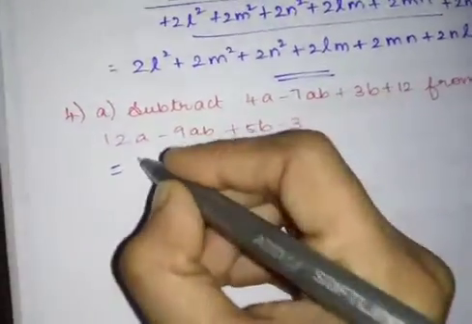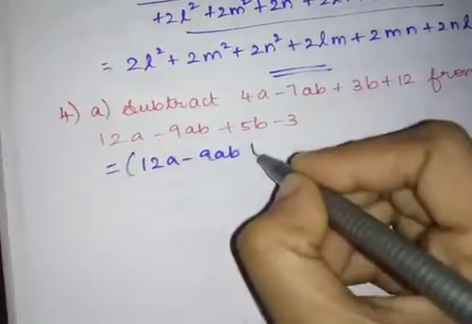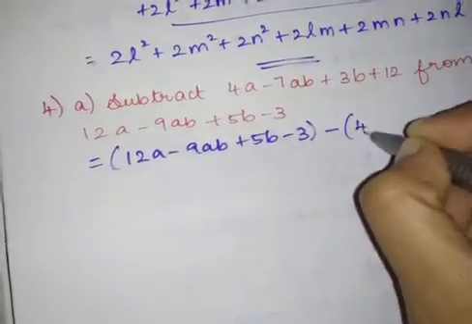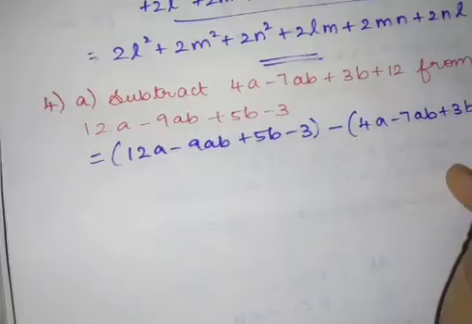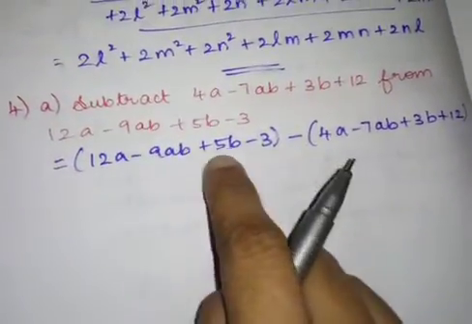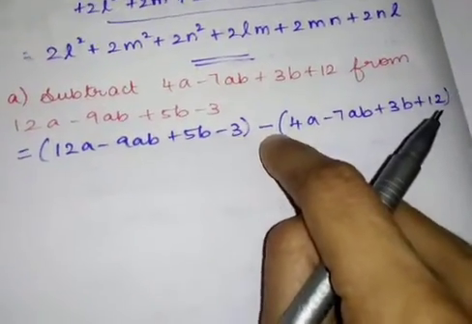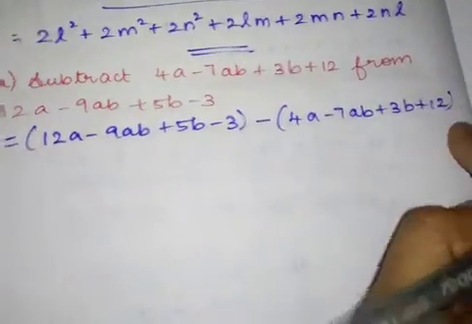Second expression, right? So 12a minus 9ab plus 5b minus 3 minus 4a minus 7ab plus 3b plus 12. Okay, I'll write the first expression 12a minus 9ab plus 5b minus 3 minus, because it is subtraction, 4a minus 7ab plus 3b plus 12.